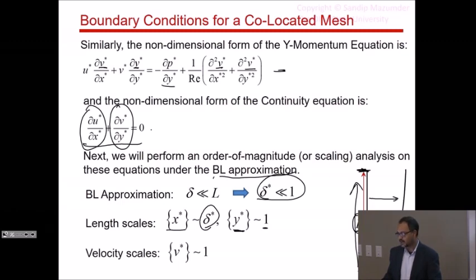V star, remember, is the velocity now in this direction. V star approximately has an order of magnitude of 1. Why? Again, because it is going from 0 at the wall to the reference velocity V infinity outside. Okay? So right here. Now, my V infinity is the same as what I called uref in my derivation.